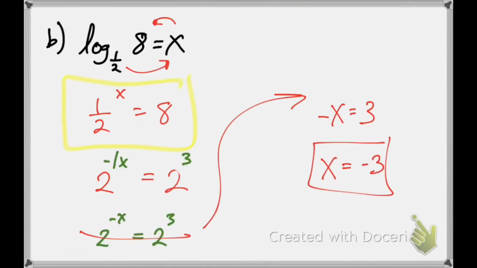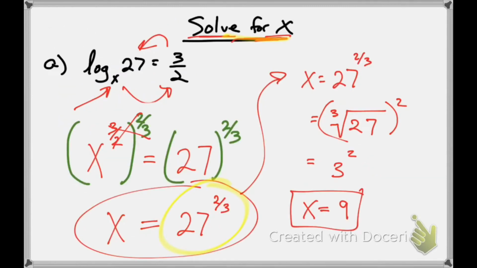Here, the x was in the exponent, I try to get the same base. Notice on this one, the x was not in the exponent, it was the base. So when the x was in the base, I try to get it as x raised to the power of 1.